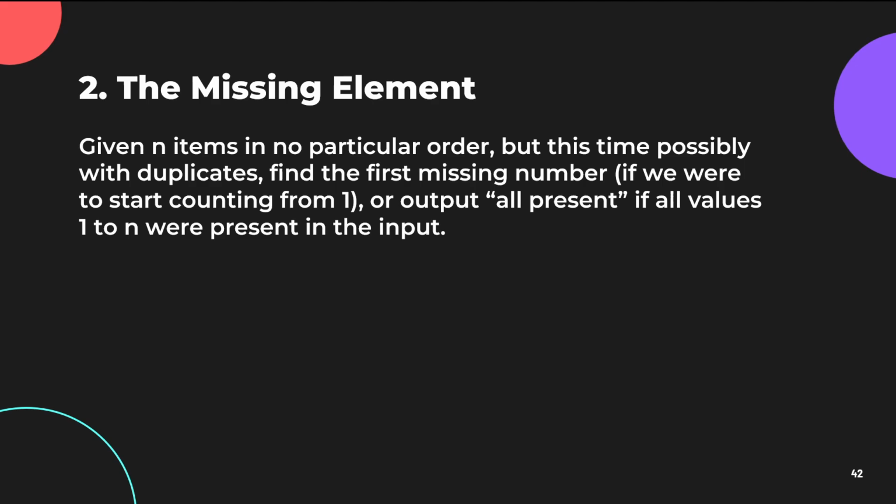Sorry, forget this. The middle element is 4, right? Suppose the middle element is 4. Then I see that 4 has an element. Then which side do I recurse?